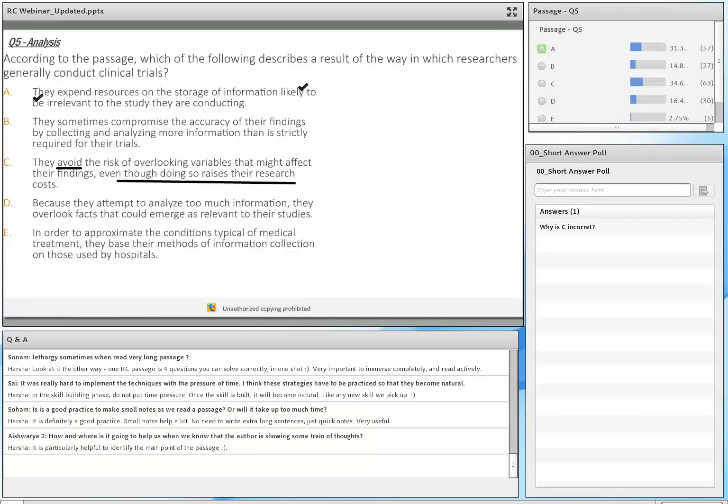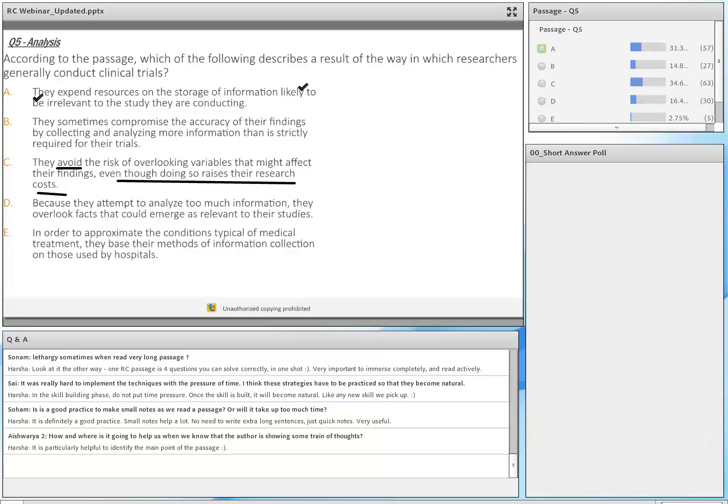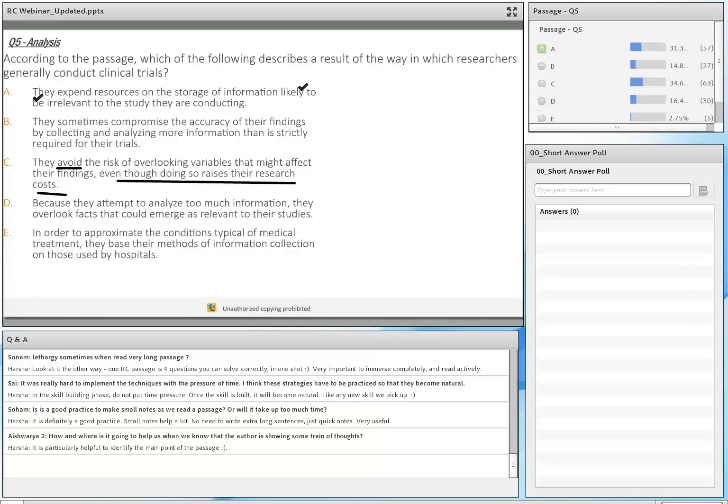Do they avoid the risk, or is the risk still there, as per the passage? It's still there.